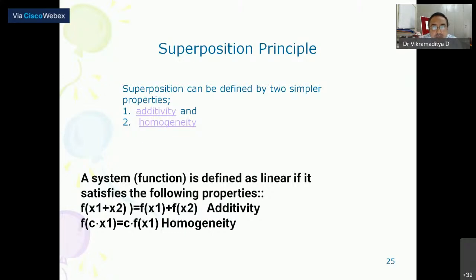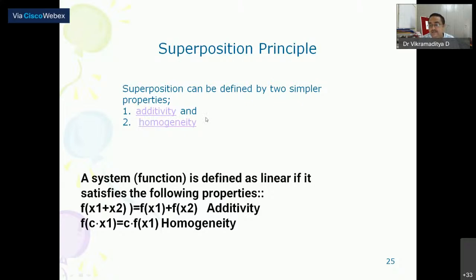Superposition can be defined to have two simpler properties. Mind it, the superposition principle contains two properties. If any element or network obeys these two properties successfully, then we say that yes, the given element or network obeys the principle of superposition, hence it is a linear network. Both properties should be satisfied, not one property.